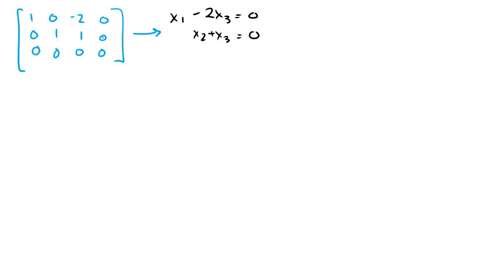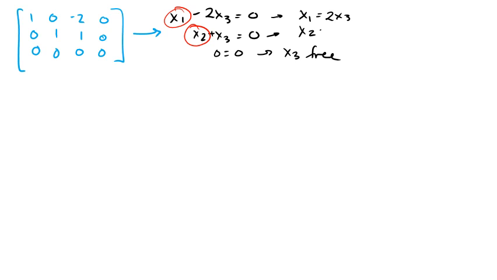And then 0 equals 0, indicating that x3 is free. Like the other problems we've seen in the past, we like to isolate these variables. So x1 is equal to 2x3 and x2 is equal to negative x3.